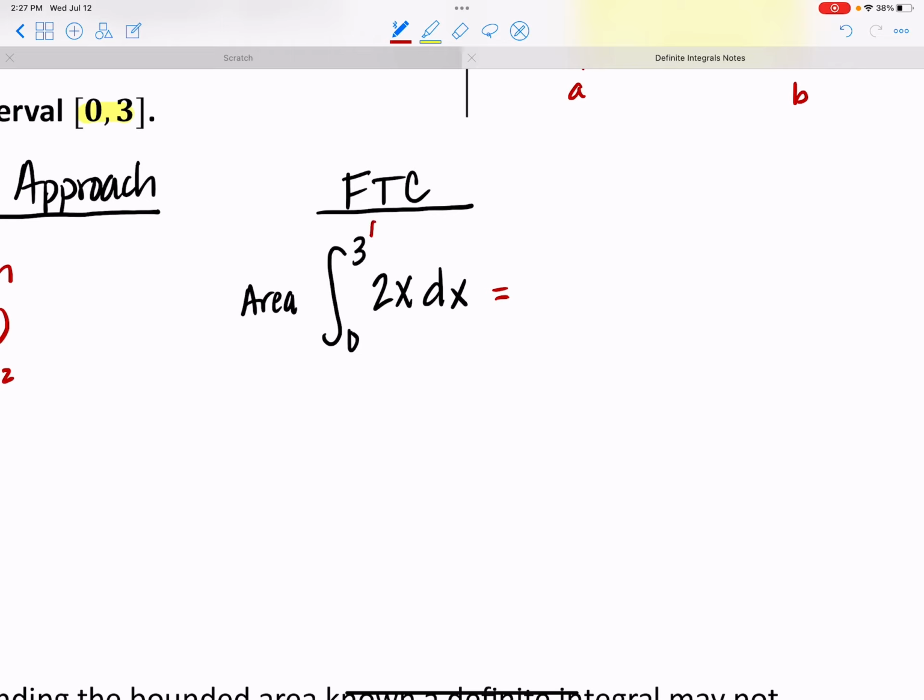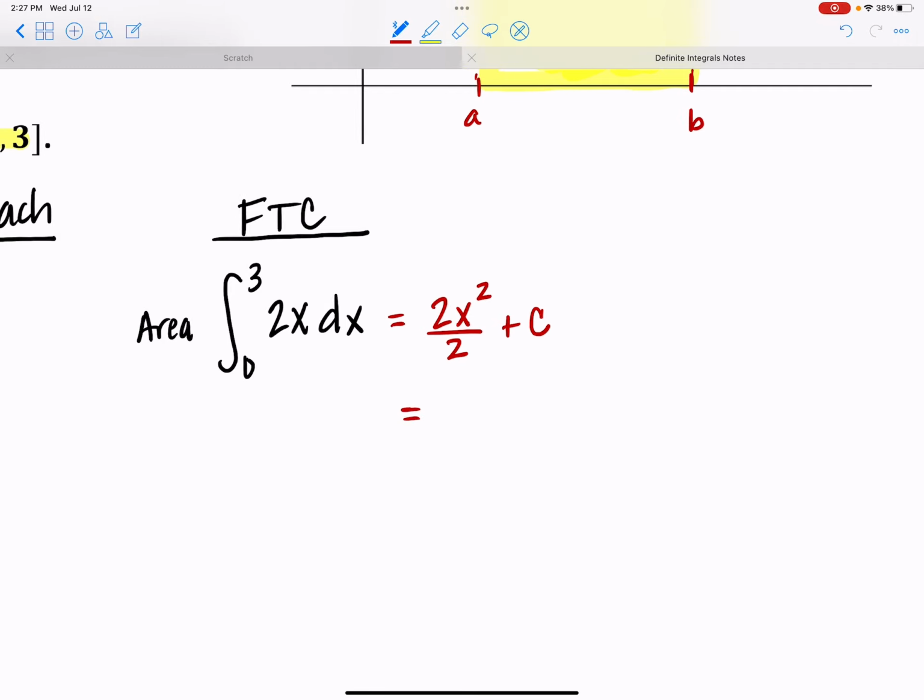So we're just going to kind of ignore the upper and lower limits for a second, and we're just going to find our indefinite integral of 2x dx. So that's going to use our power rule. We're looking at 2x to the second. Remember, add 1 to the exponent and then divide by that new exponent, and then add our constant of integration. And because that divides out, we're just going to call this x squared plus c. So that's our indefinite integral.